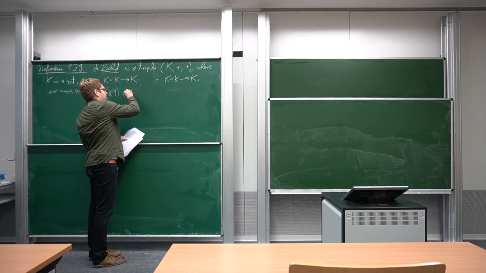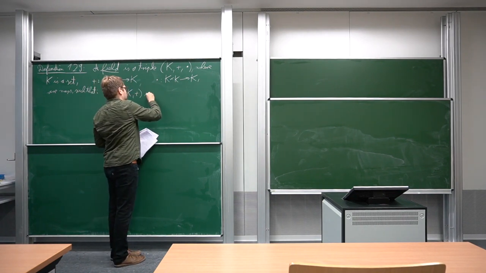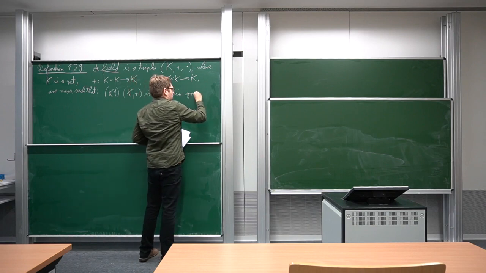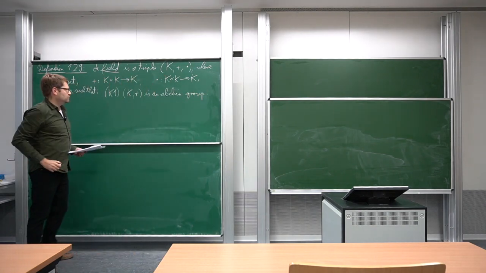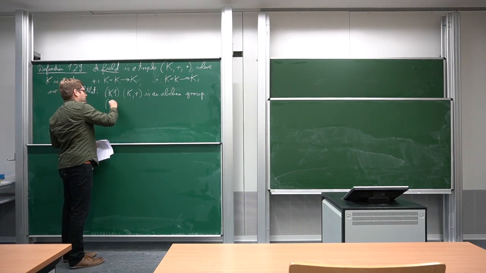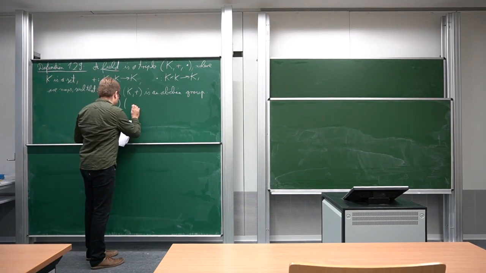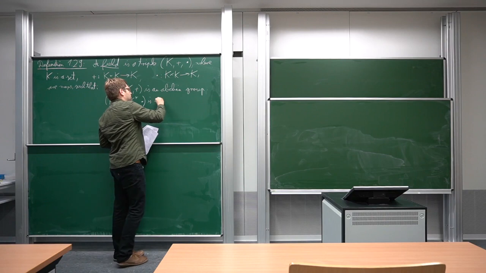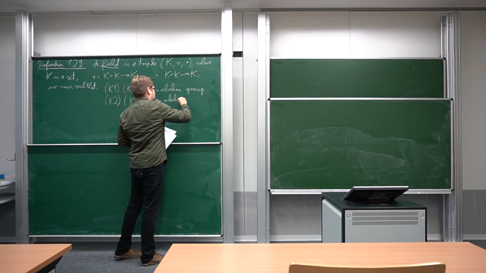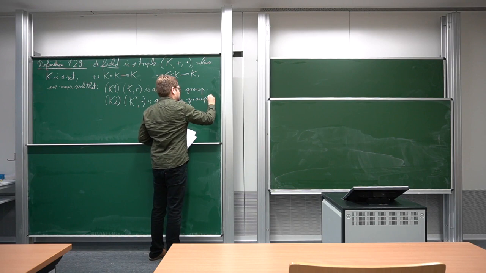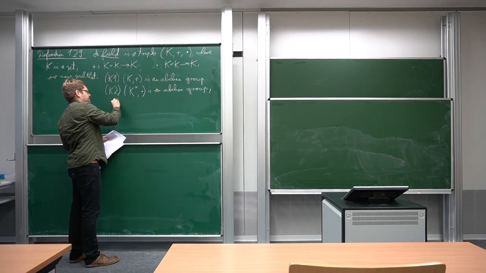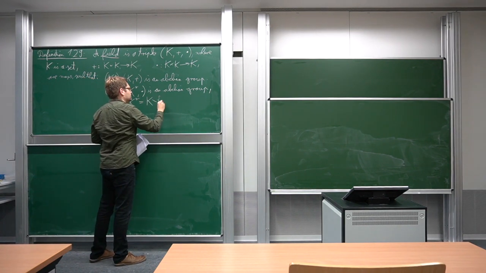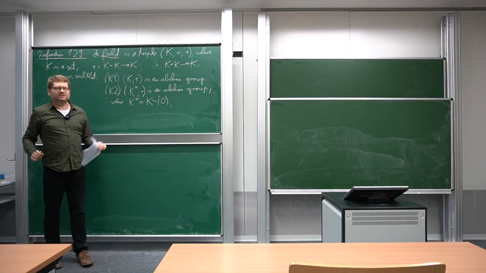K1 is just that K with respect to addition is an abelian group. Okay, this is what we've seen before, so this is what we want to have. Then we want the multiplication to have almost the same property, namely we want K* with dot to be an abelian group, where K* is almost everything, but we just remove 0, where 0 is the neutral element of the addition plus.